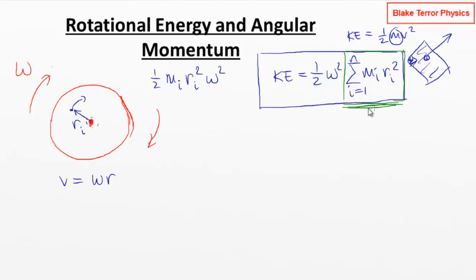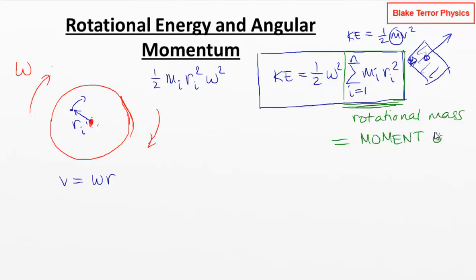So this bit that's left, the sum, is like our rotational mass. This is the rotational mass of this particular object. It depends upon the shape of the object. The technical term used for rotational mass is moment of inertia.